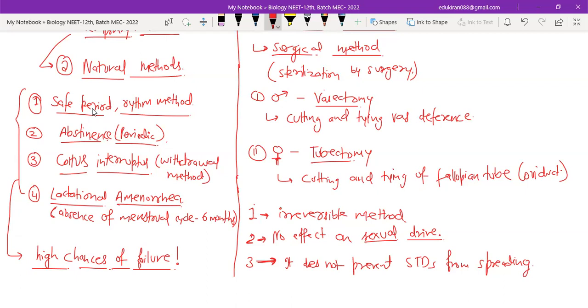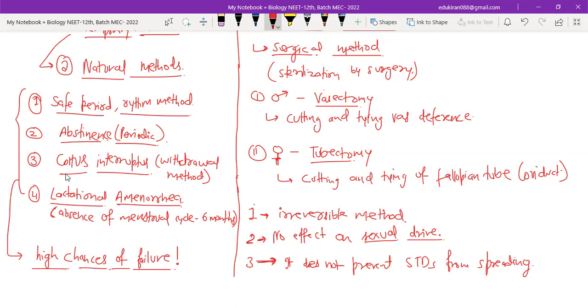Remember, we also discussed that there is a possibility that from both the ovaries, ovulation can happen. Normally it does not happen, but there are chances, right? We are not preventing sperm and ovum from meeting each other deliberately, like through a barrier. We are just relying on the timing. Even abstinence has high chances of failure.